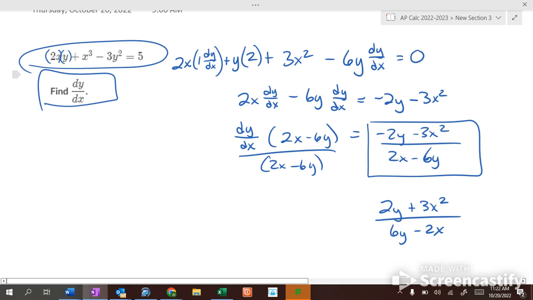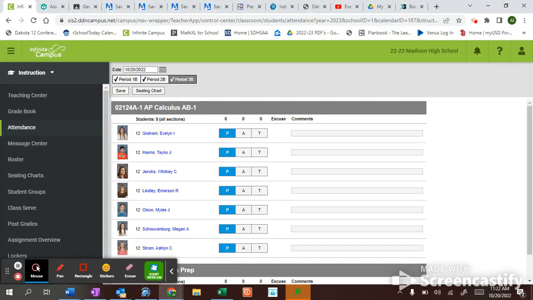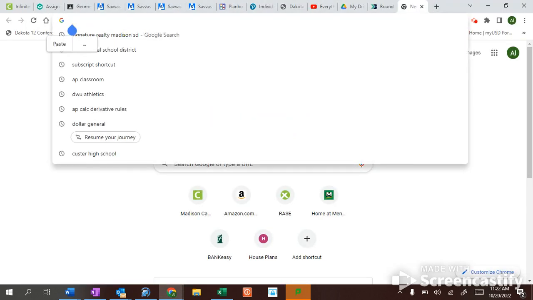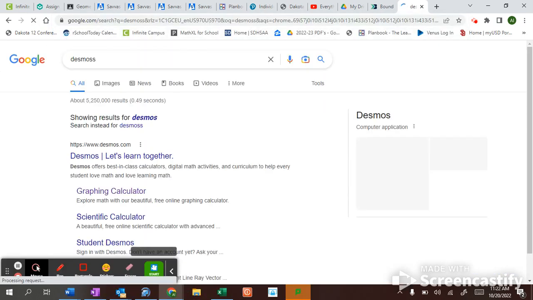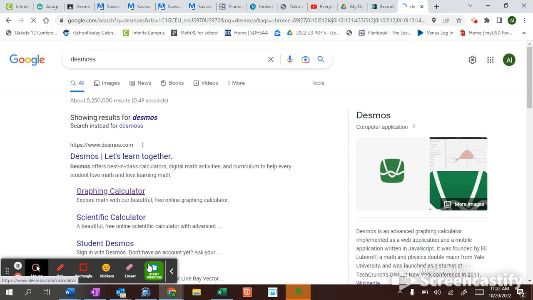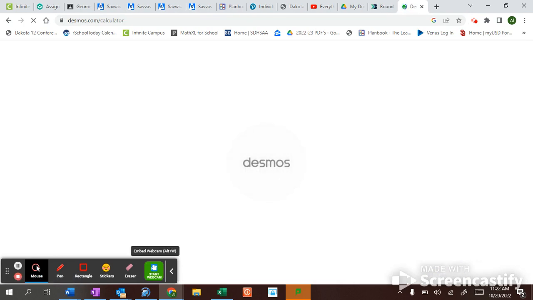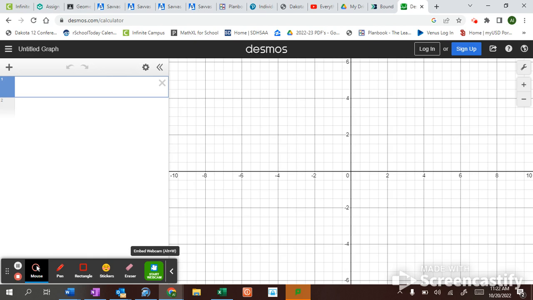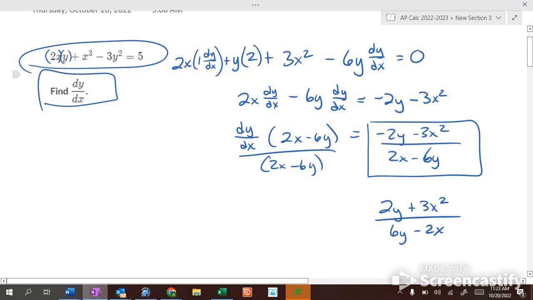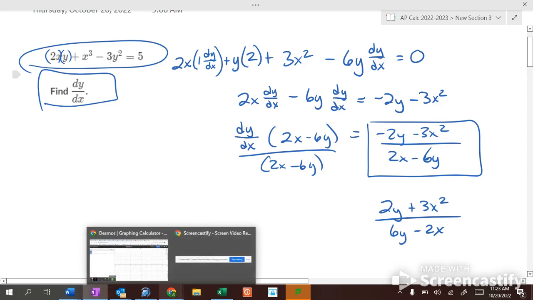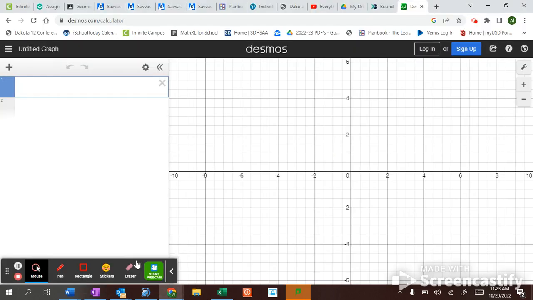Okay, now, so I'm going to grab the Desmos graphing calculator for this because it's a lot better than the TI graphing calculators when it comes to something like this. So if we look at our equation, our equation was 2xy plus x cubed minus 3x squared, 3y squared equals 5.